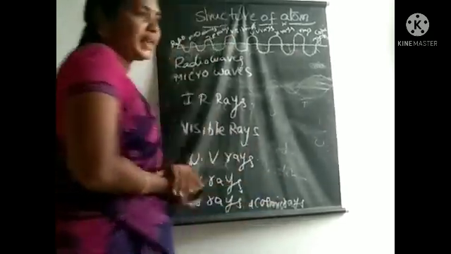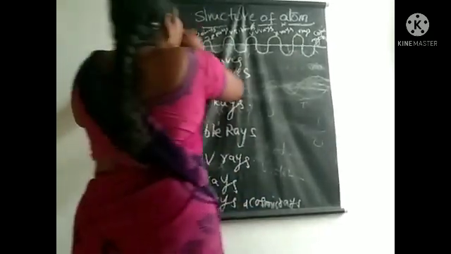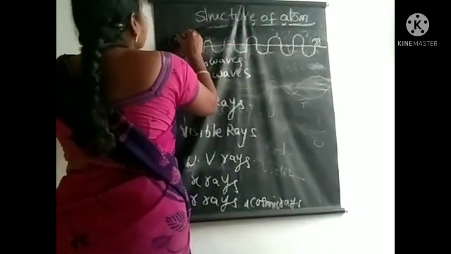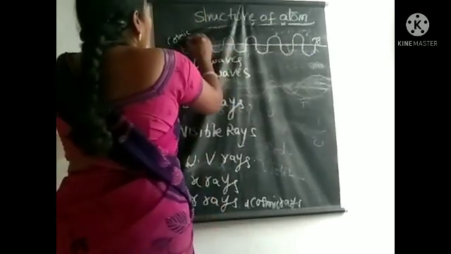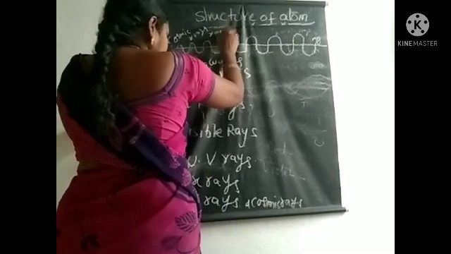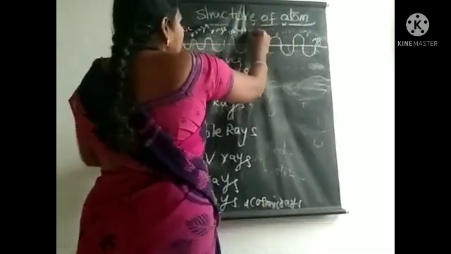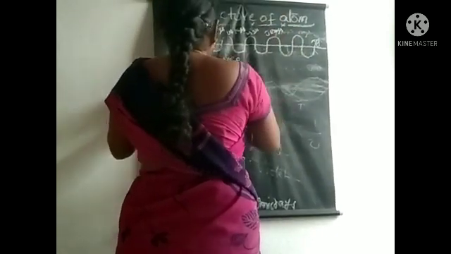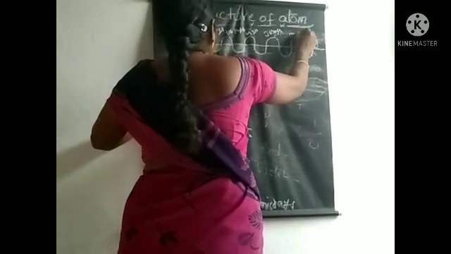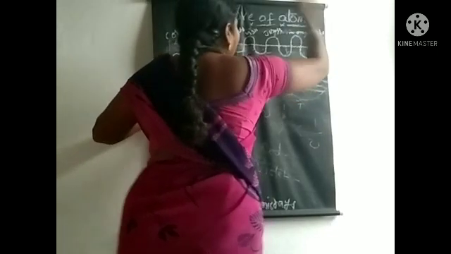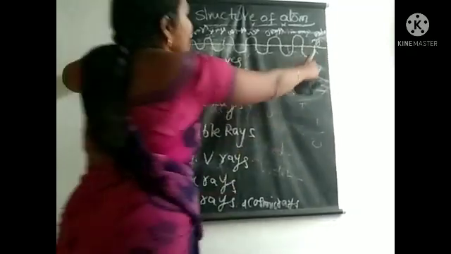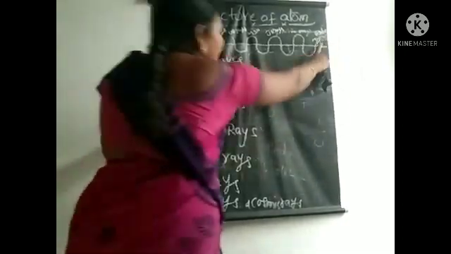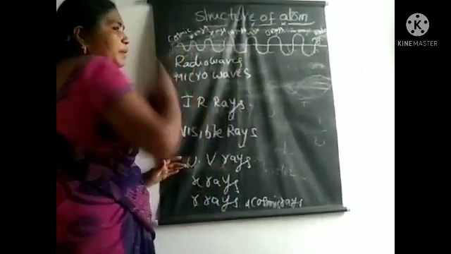Here it starts in reverse: first cosmic rays, then gamma rays, X-rays, UV rays, visible rays, IR rays, microwaves, and radio waves. Now you observe that radio waves have the higher wavelength and cosmic rays have the lower wavelength.